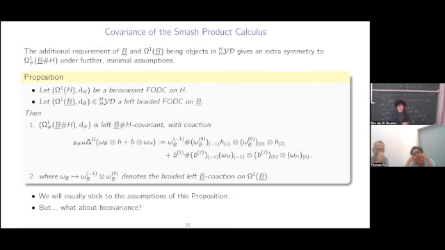From now on, usually the assumptions with which we will be working are a bicovariant calculus on H and a left braided calculus on B. We proved that starting with these assumptions, we are actually guaranteed that our smash product calculus is going to be left covariant. What about bicovariance?